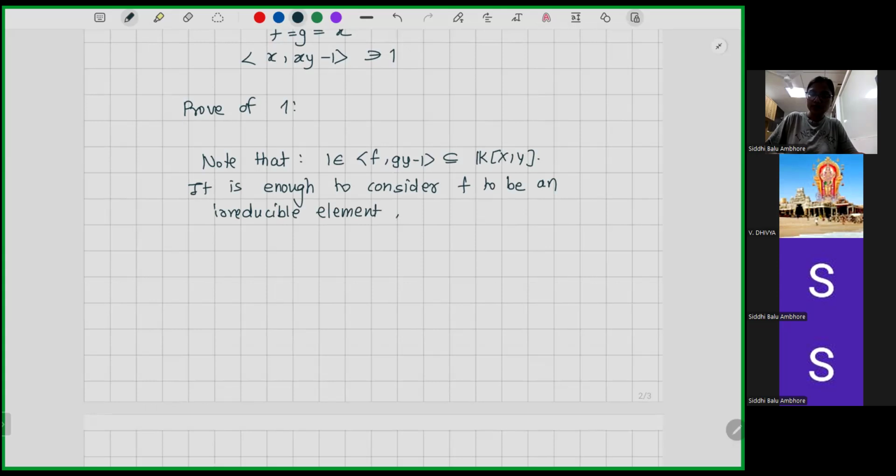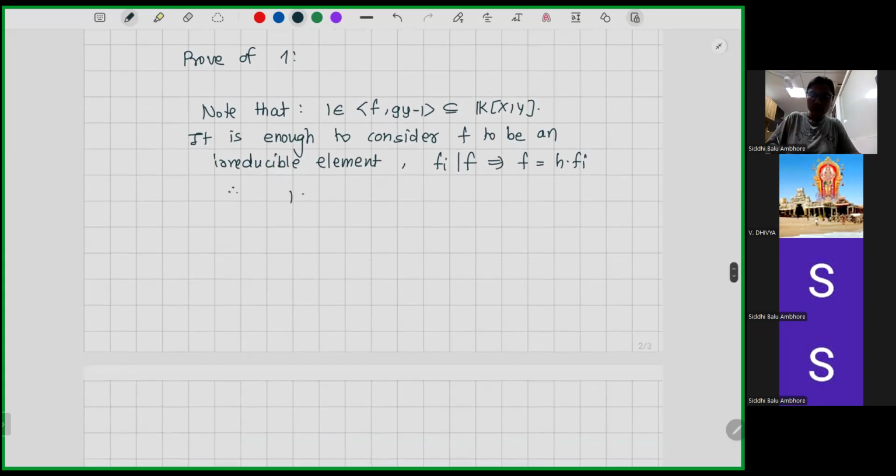Because since fi divides f, this implies that f is some h times fi, right? So 1 is in here, so 1 is some p f plus q into (gy minus 1), right? Instead of that, I can just take this to be p dash into fi plus q into (gy minus 1), where this p dash is some h times p.